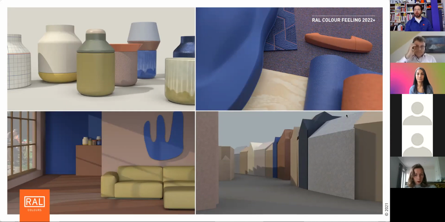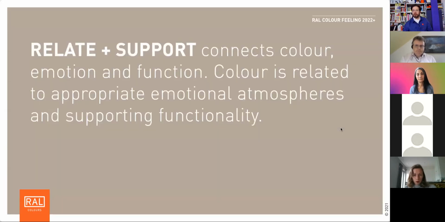So we have a whole set of applications where RAL color feeling might make it fun to apply color without having to browse thousands of color chips or think about your own narration, or just to take the next version of Burgundy. So relate and support connects color, emotion, and function. And this is what the surplus of color design is in the future.